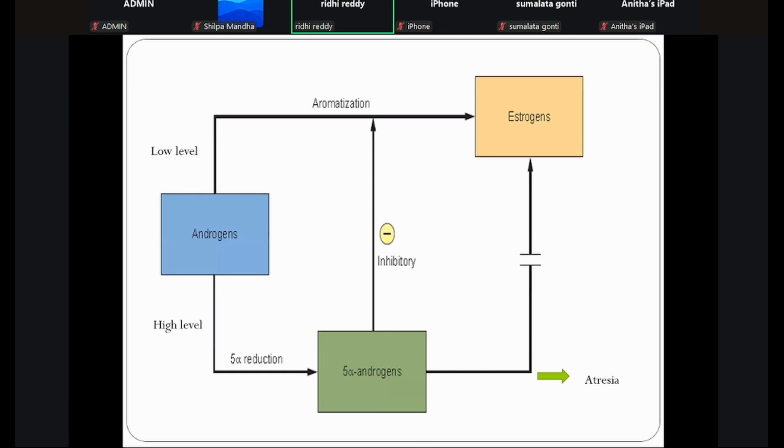If that fine balance is not there, whenever there is a high level of androgens, it will inhibit aromatization into estrogen, and the androgens will get converted into 5 alpha androgens. So a more androgenic microenvironment is also not good, it will lead to atresia of the follicles. There is a concept called LH ceiling, LH threshold, LH window.